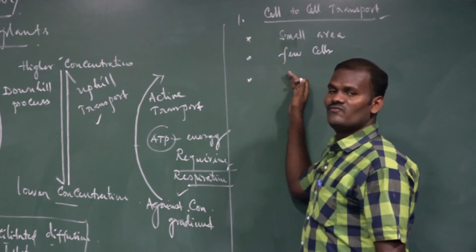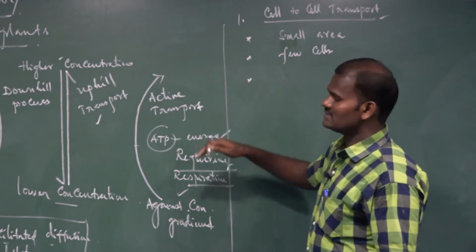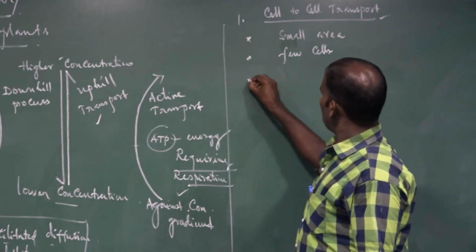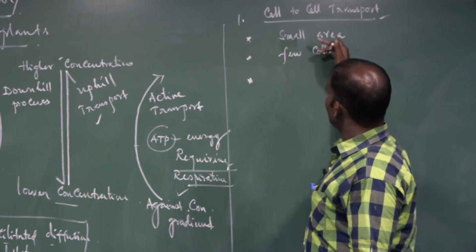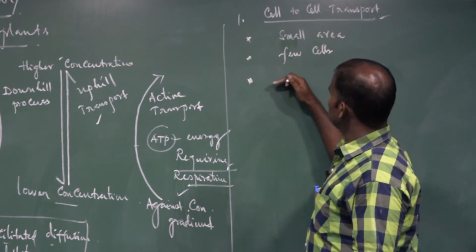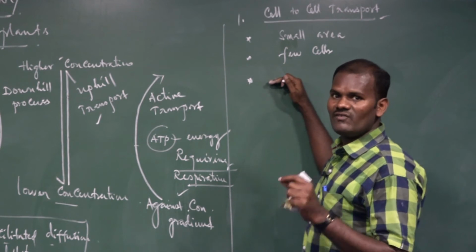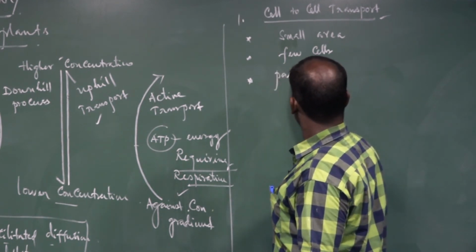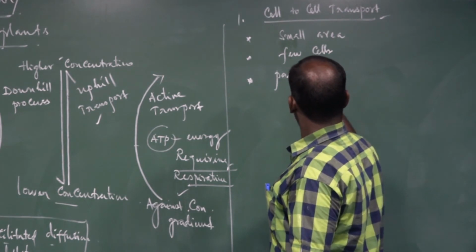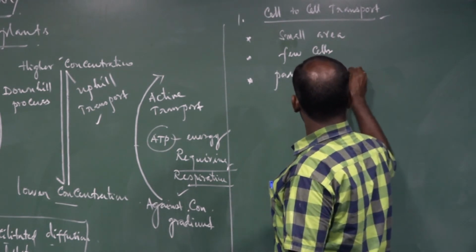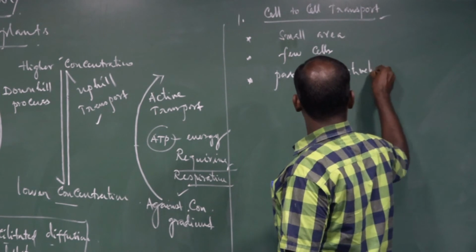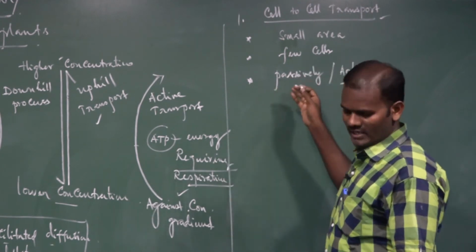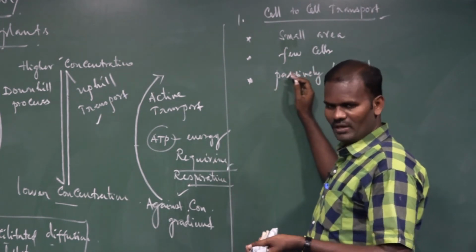These are the facilitators for long distance transport. So it is short distance transport, also called cell to cell transport. The driving forces may be either passive or active. I mean, transport of molecules either passively or actively.